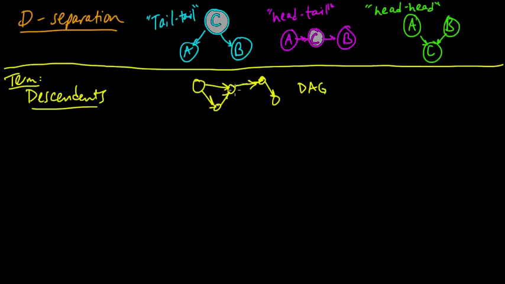The descendants of this node here would be all the ones below it in some sense, all the ones which can be reached from it. They're all the vertices that can be reached from this vertex by following edges in the direction in which they are pointing. So all the descendants of this node would be this one, and this one, and so forth. So that's what the descendants of a node are.